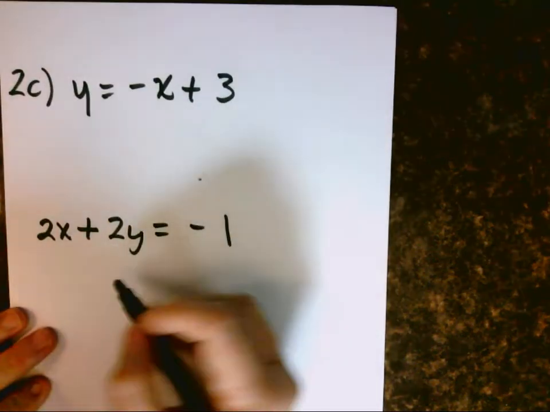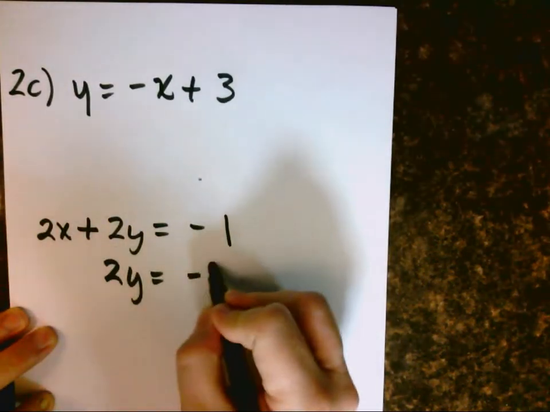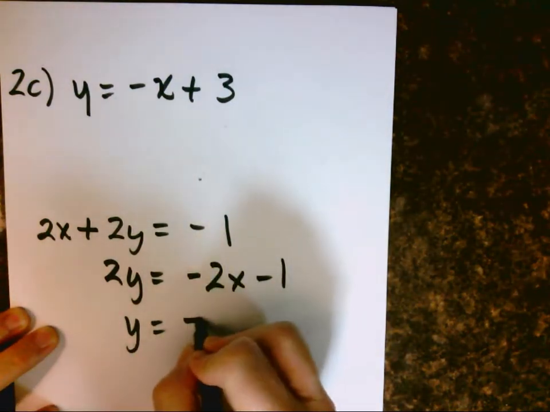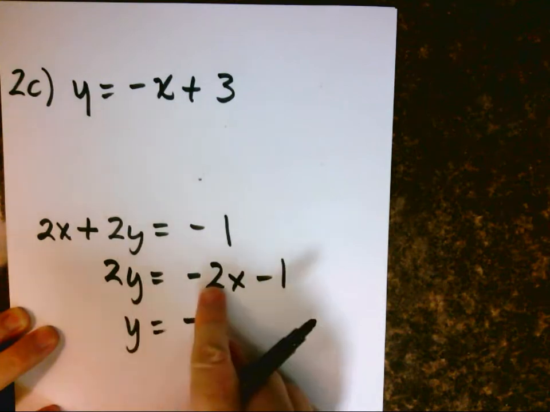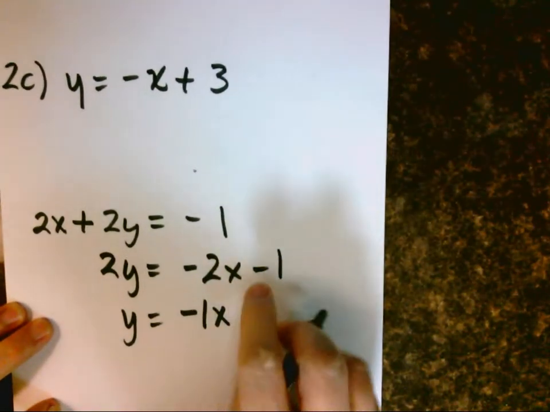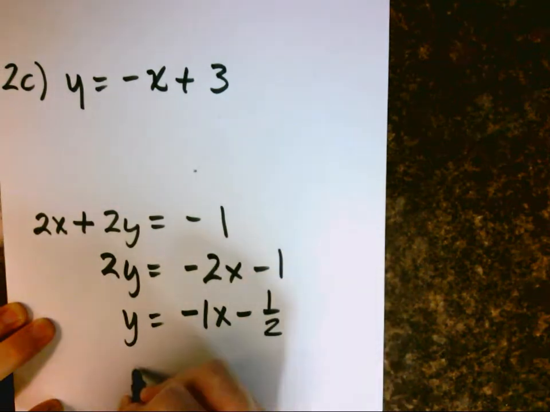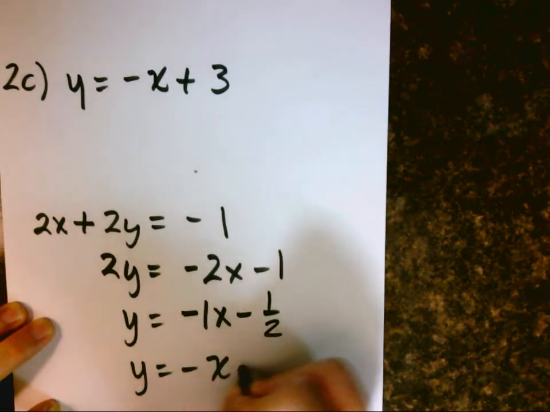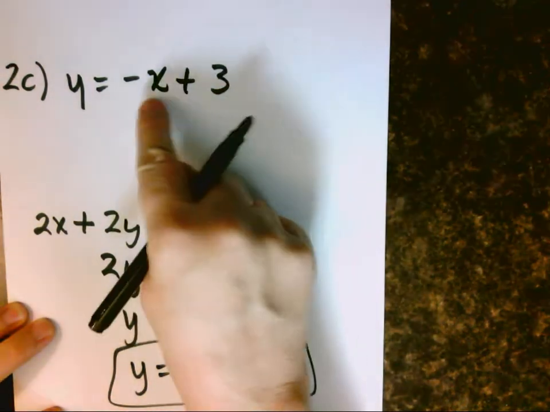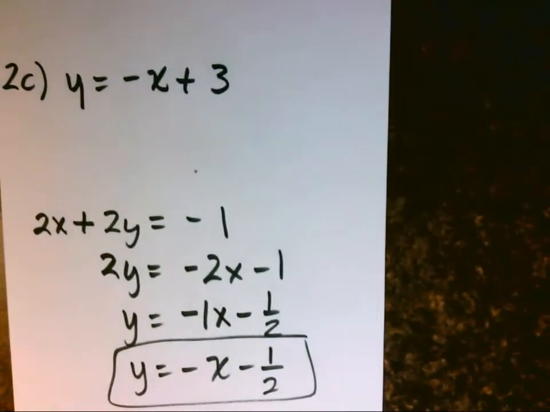Okay, so let me solve this for y. -2x minus 1. Divide the 2 off. That would be a -1. 2 divided by 2 is 1, and it's a negative there. -x, we don't really need the 1. Minus 1/2. Y equals -x minus 1/2. So my lines are -x minus 1/2 and -x plus 3.